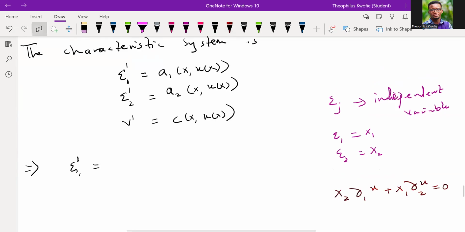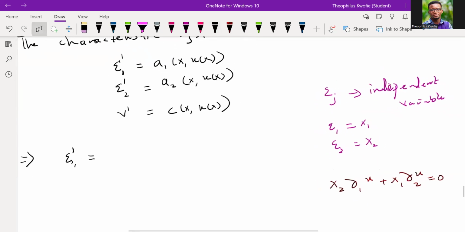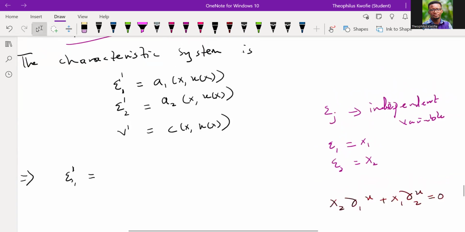Now, since we said that your a1 corresponds to x2, and your x2 in this case will be Xi2, and your x1 will be Xi1. So my A1 here is X2, but my X2 is the same as Xi2. So I'm going to have Xi2.